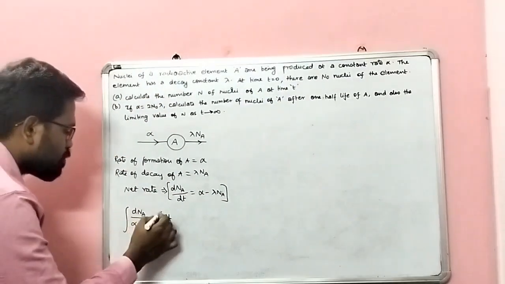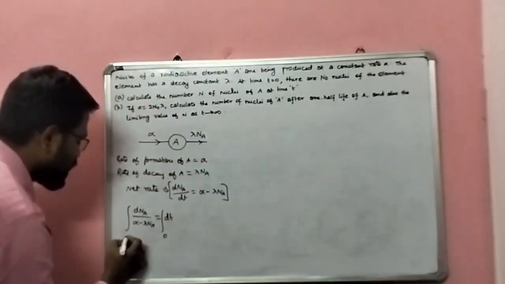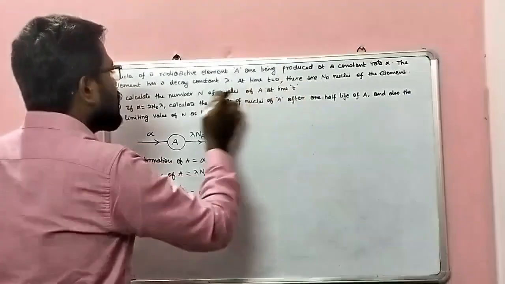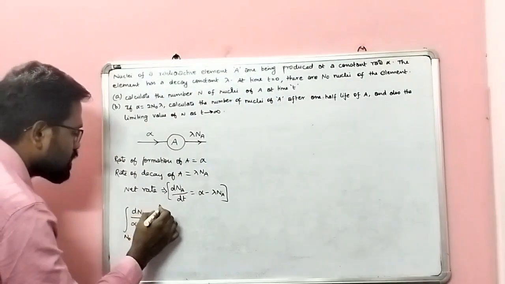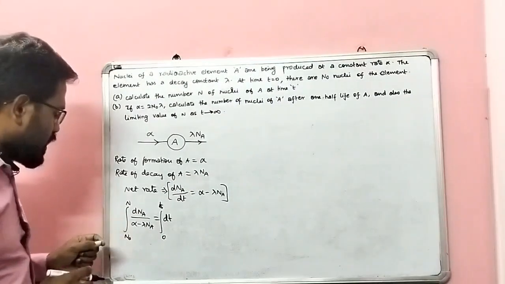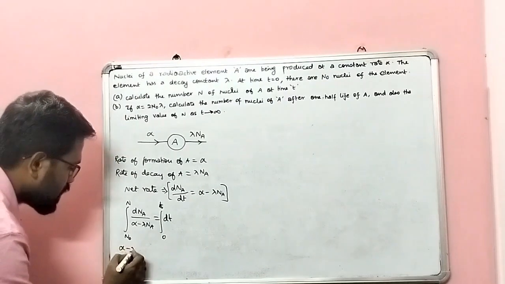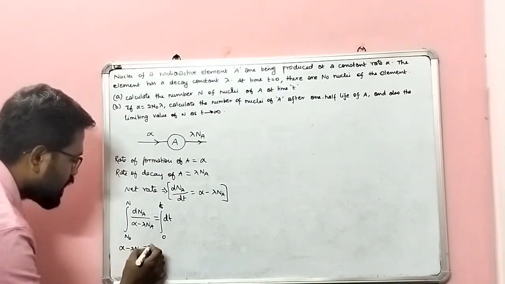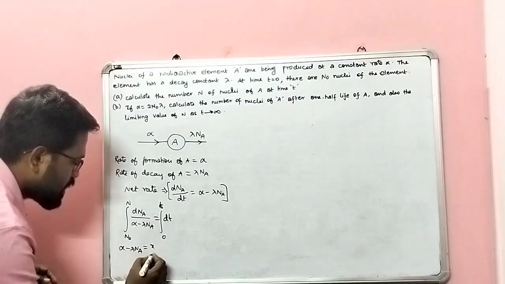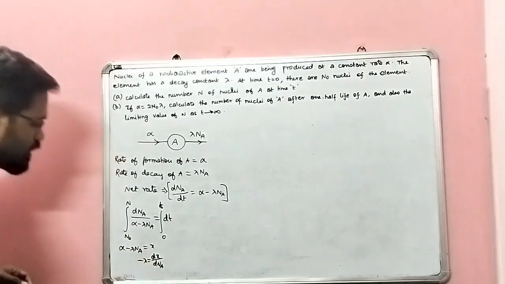If I integrate on both sides, at time t equal to 0 the number of nuclei is n0, and at time t the number of nuclei is n. We have to do some integration. Before doing integration, let us take the denominator alpha minus lambda NA as x. If I differentiate with respect to NA, it becomes minus lambda.